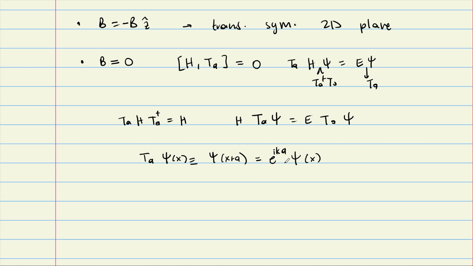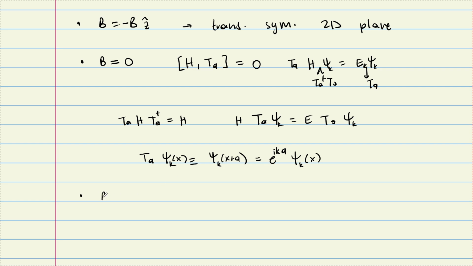To make sure these are labeled properly, we add the labels k at the end. So if psi k is an eigenstate with E of k, T times psi k is also an eigenstate. That's the essence of Bloch theorem.